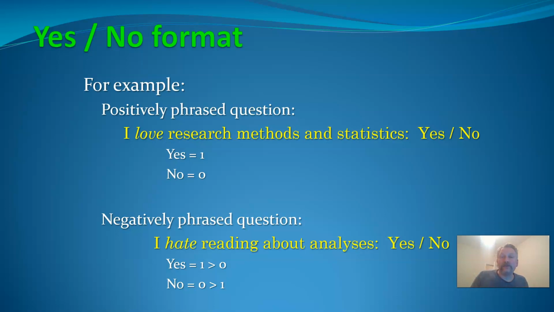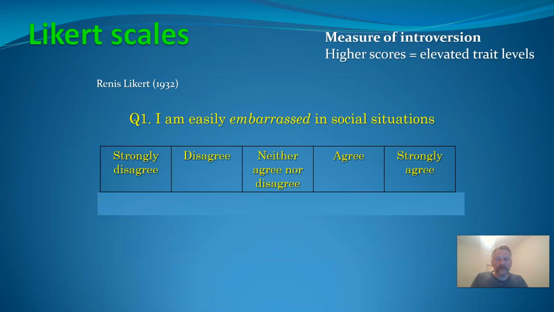If we didn't do this reverse scoring, then the person who likes statistics is going to get a 1 and a 0, and the person that doesn't like statistics is going to get a 0 and a 1. So they're both going to score 1. That's really going to confuse matters, and we've no way of differentiating who does or doesn't like statistics. So we need to make sure that we reverse the scoring for the negatively phrased questions.